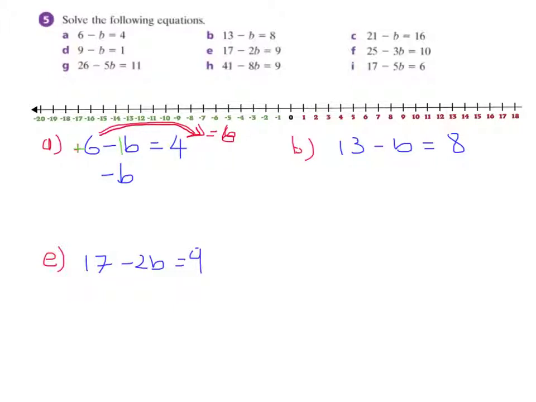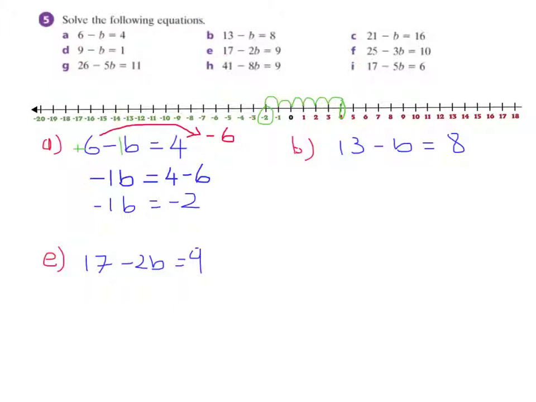So I'm left with my minus 1b equals now 4 take away 6. I've got this up here, so I can use my number line. So here's 4 take 6: 1, 2, 3, 4, 5, 6, and I end up at negative 2. So I end up with minus 1b equals negative 2.